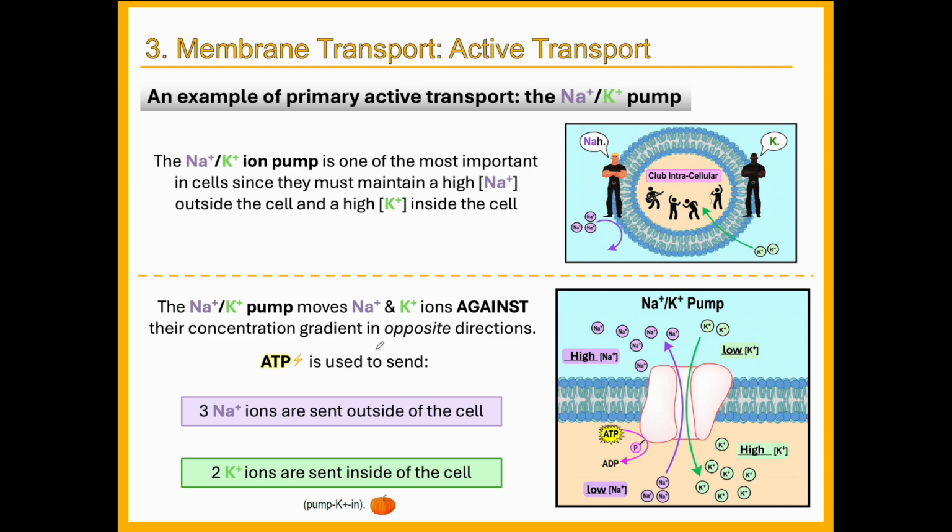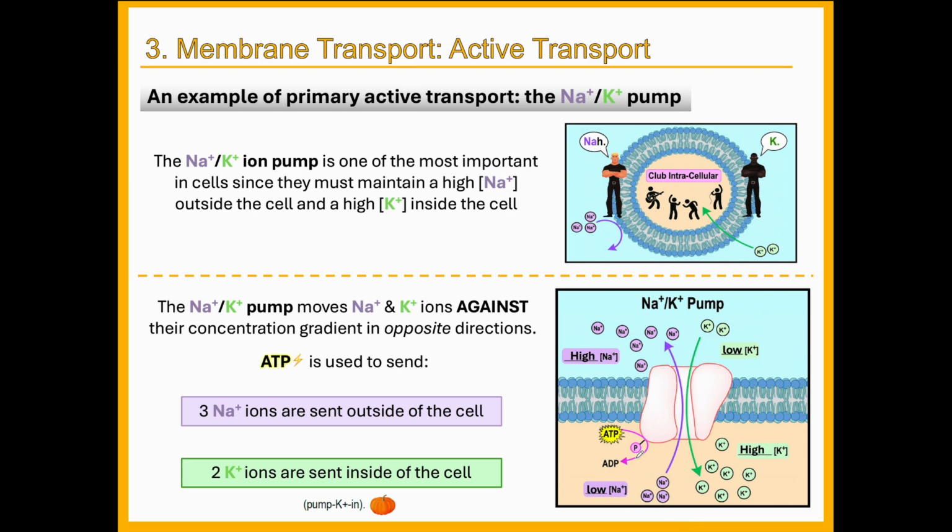Here, you see that this pump moves sodium and potassium against their concentration gradient. This is active transport. They're not going down their gradient. ATP is used to shove 3 sodium ions out of the cell, right? Look, all these sodiums that are normally in the cell get shifted out and chucked out to the outside of the cell, and it actually uses ATP to do this.